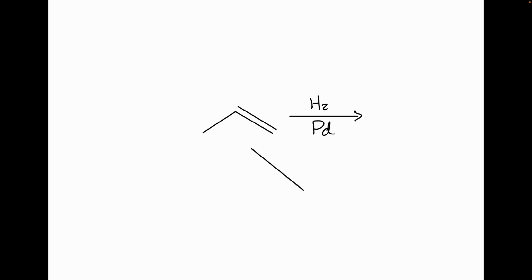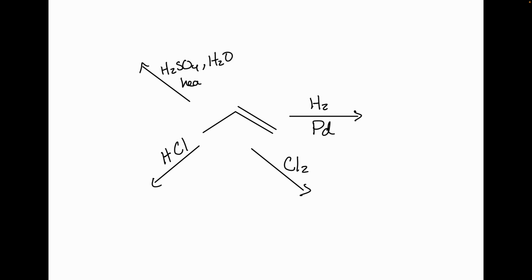But then over here, I'm going to draw the product of if I reacted this with Cl2. And what about over here? Let's instead choose HCl. And then over here, we're going to do our acid catalyzed hydration. And over here, we'll do the product of our hydroboration.